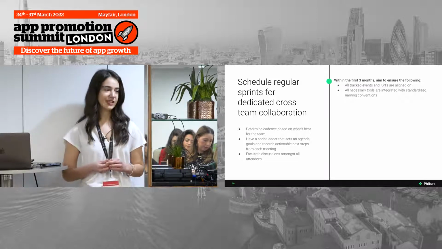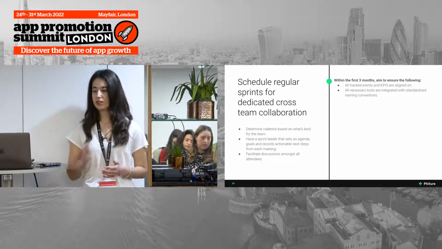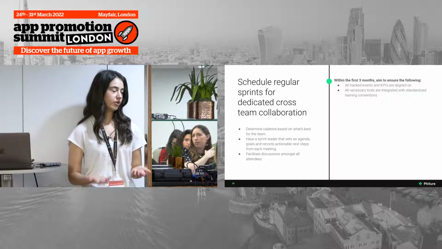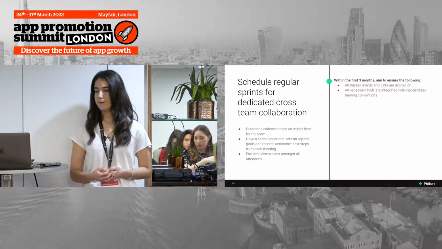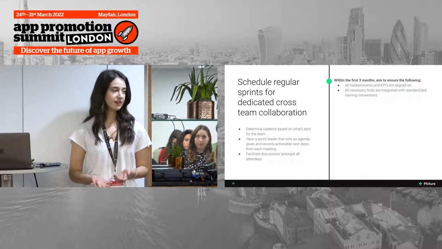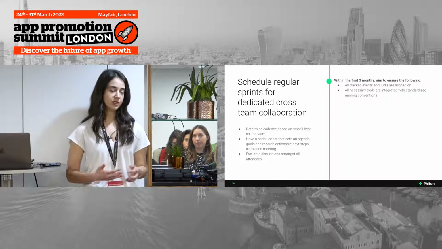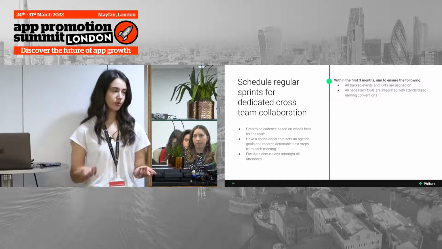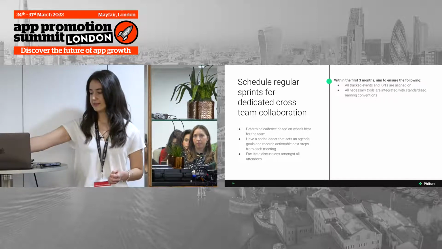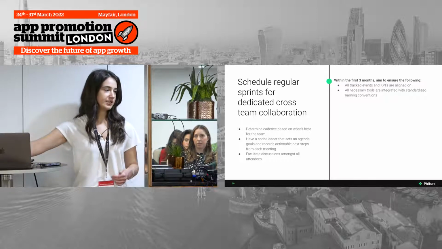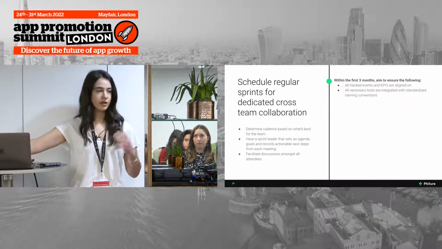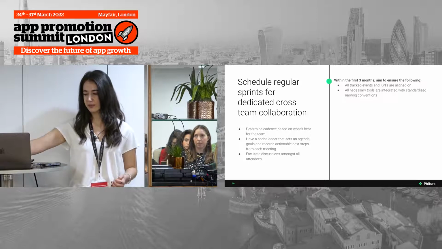Everyone has a good understanding of what everything means across each team. And at this point, too, you're integrated with all the necessary tools. Maybe this is going to take a bit longer because it's potentially a bigger investment. It could be something that you do over the course of the year. But ideally, you're at least prioritizing to figure out which tools you're going to need to adapt to over the first few months of bringing everyone together.